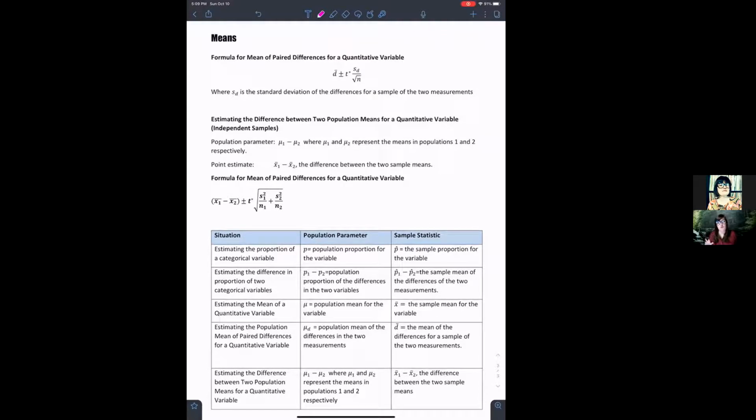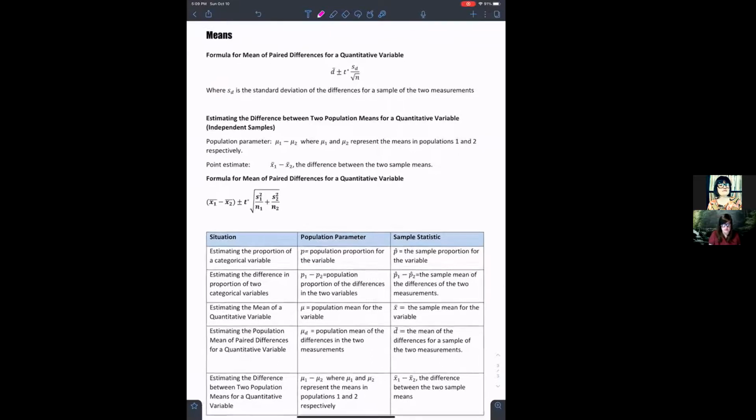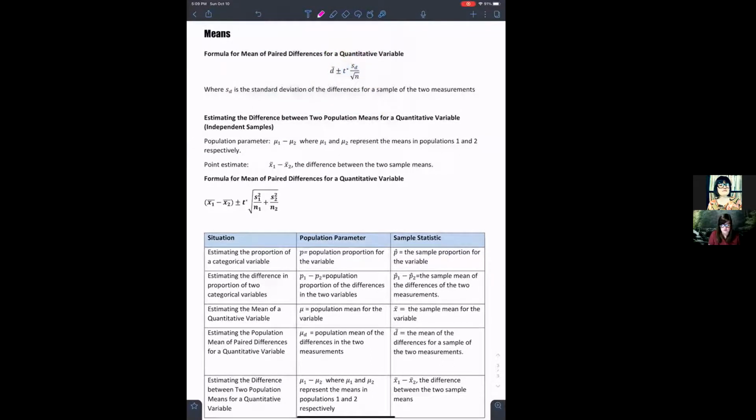So paired means take a little bit of work. You'll have a bunch of data, two data sets, and then you'll have something called D bar. What you're essentially going to do is take that paired data and subtract to come up with a third column. And it's that third column of the subtractions that you are going to do your analysis on.